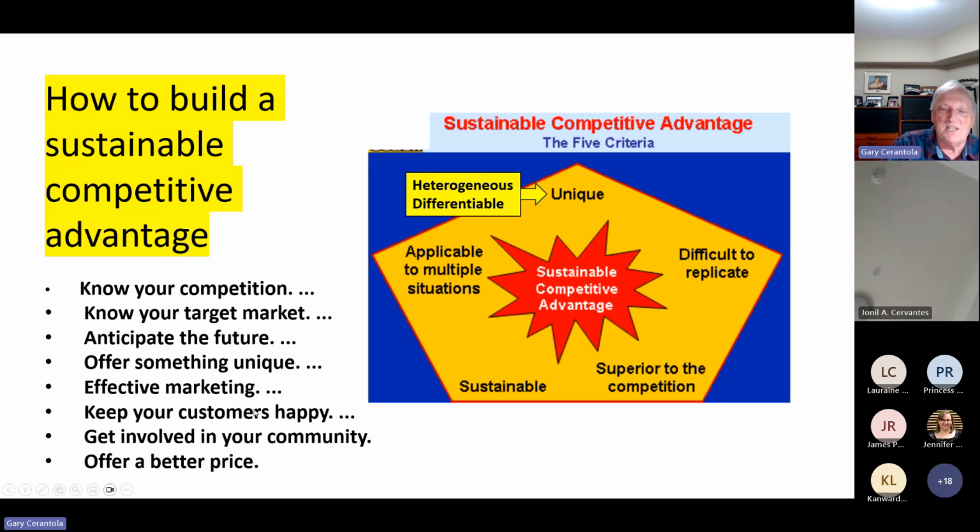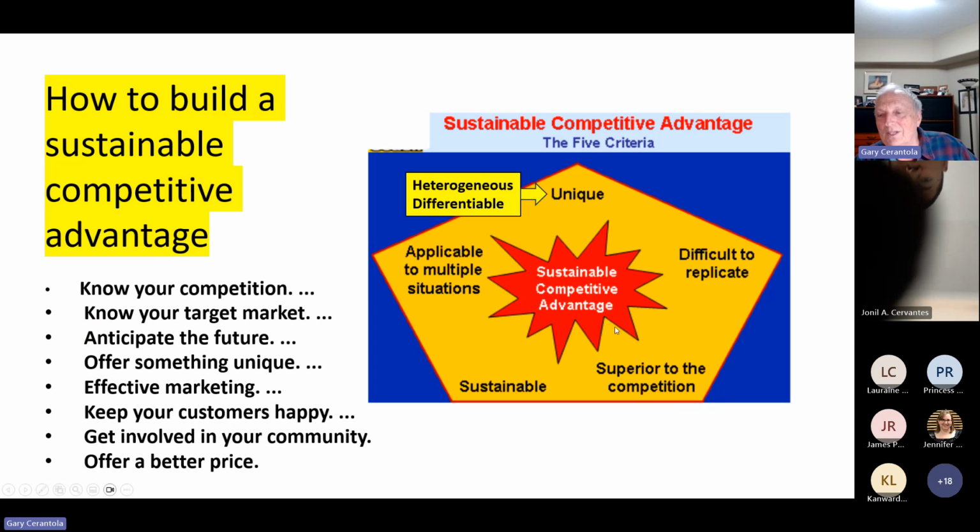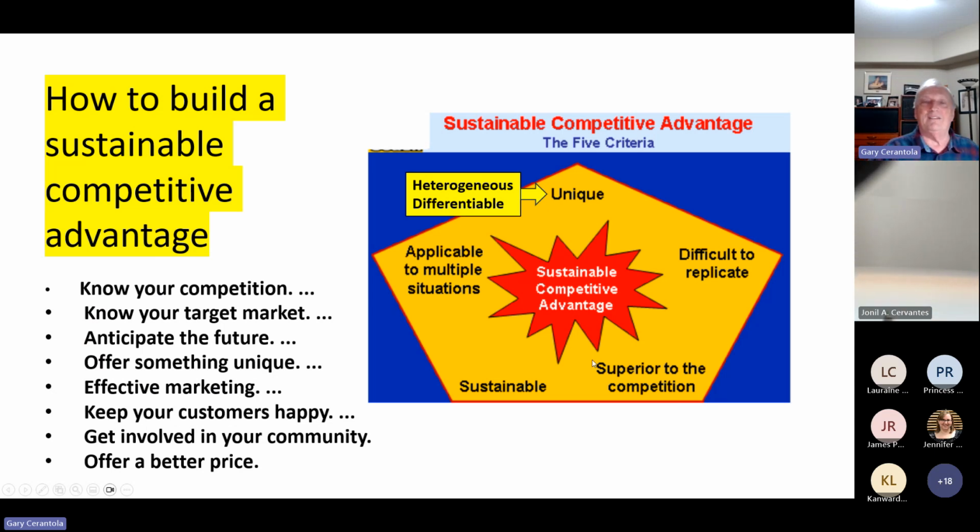You keep your customers happy, you get involved in your community, and you offer a better price. So these are all the things that really give you sustainable competitive advantage. But in my thinking, there's no such thing as sustainable competitive advantage. You got to work hard to maintain competitive advantage. So let's put it that way.